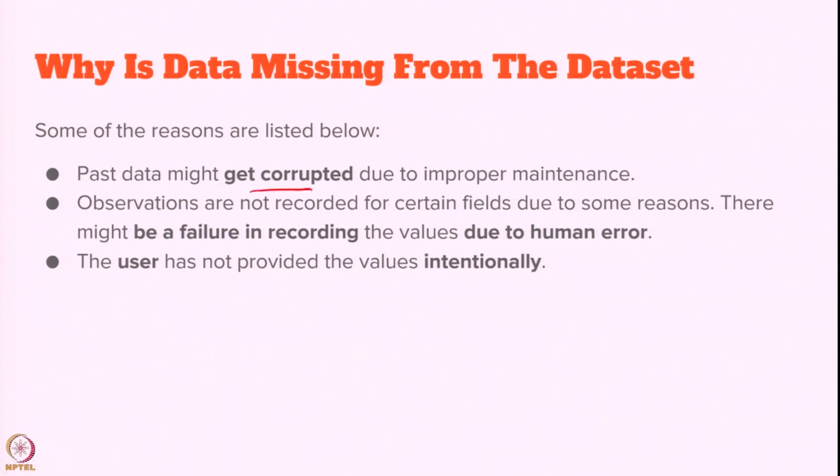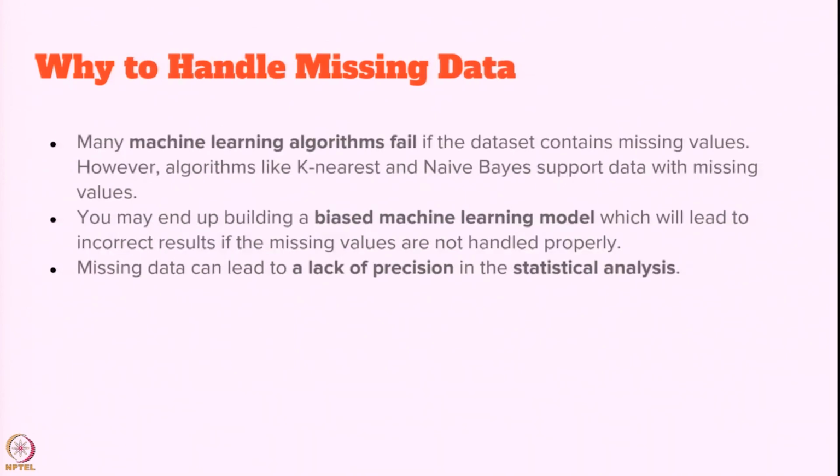It can also happen that we fail to record a certain point due to human error. As we discussed earlier, slip, mistake and violations. There can be a slip or mistake, or there can be a violation where the user does not provide the information intentionally. So, these are the three major reasons that cause missing data in a given data set.